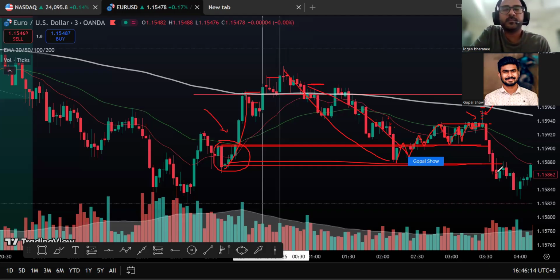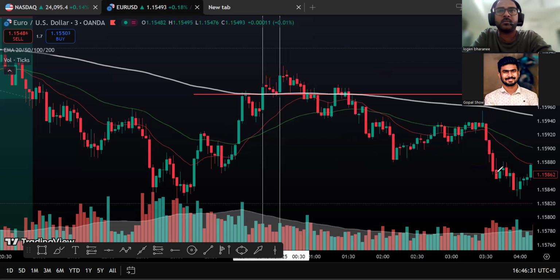Now you can see, let's say my 80% I exited, then the remaining 20% is just riding the trade. Now you see when the buyers came to the upside, and when the buyers are making the higher low, see how the higher low is happening. Very choppy, not a good higher low.